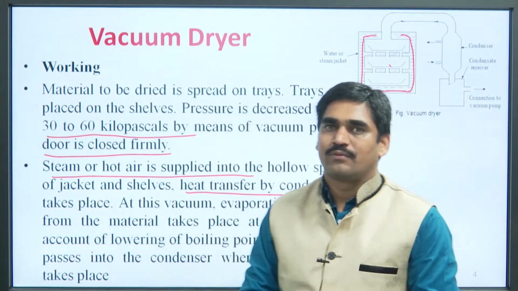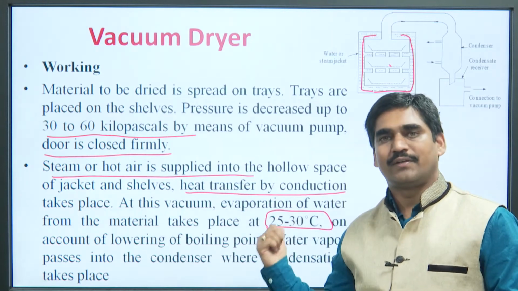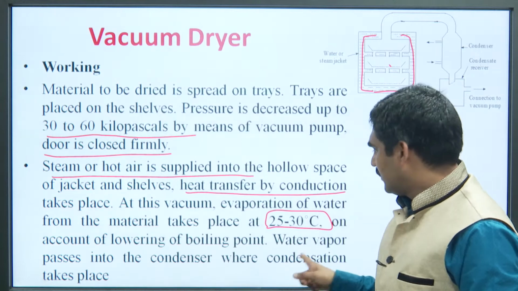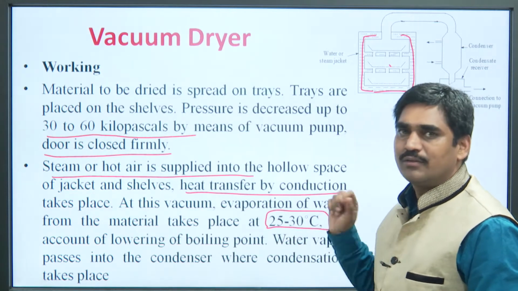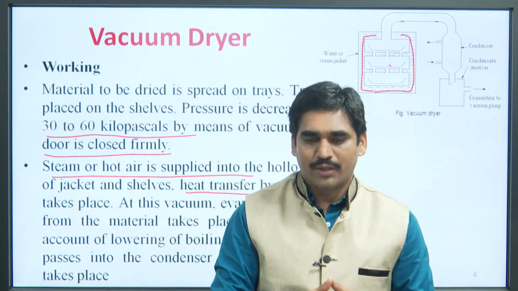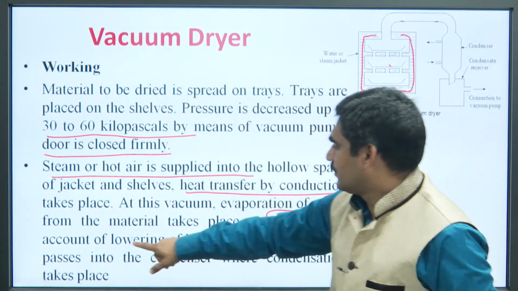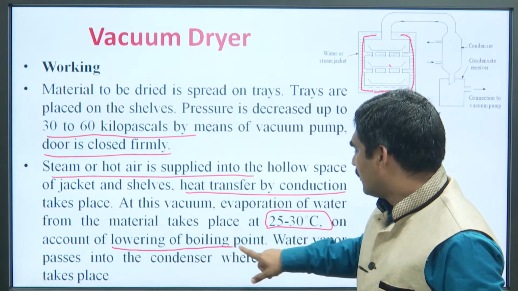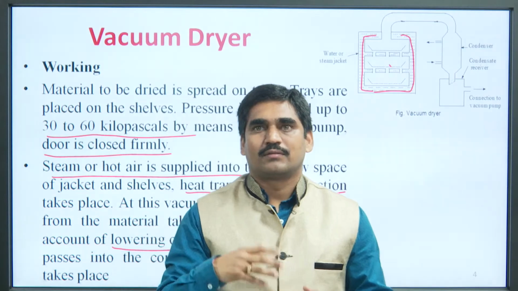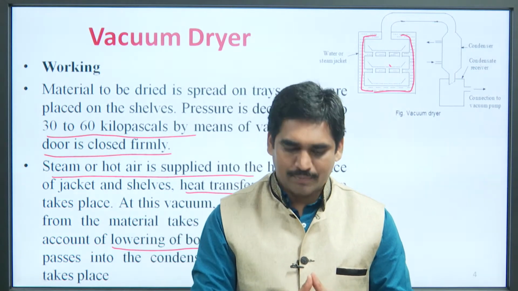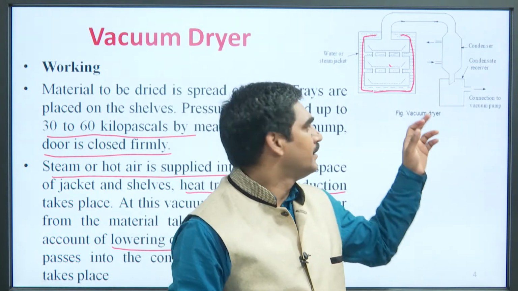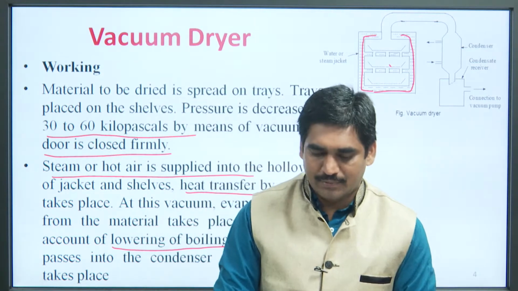See the difference between the actual boiling point of water and the temperature at which water starts boiling after creating vacuum. This is due to the lowering of the boiling point. Now, the water vapor passes into the condenser, where condensation takes place, and it is collected in the receiver.